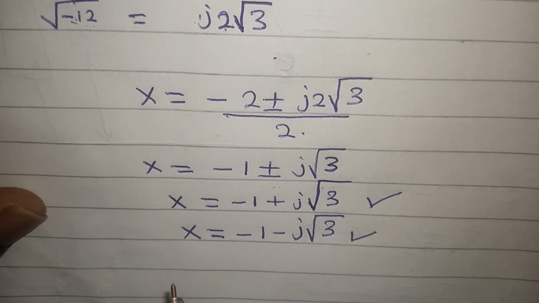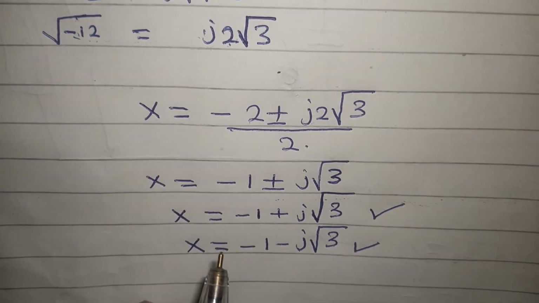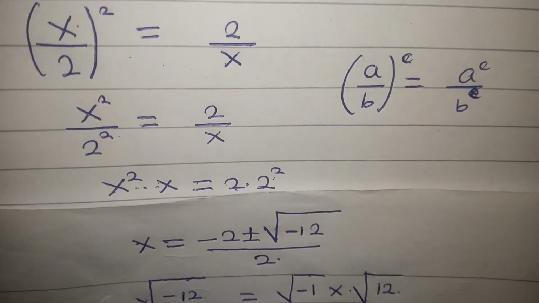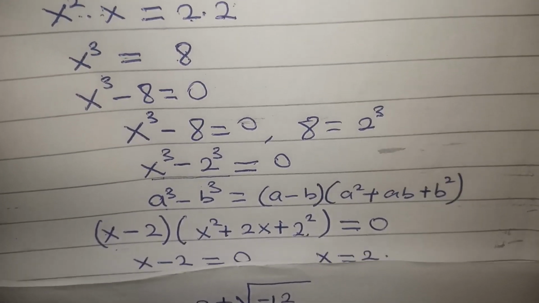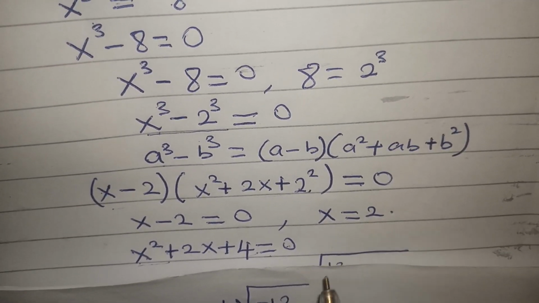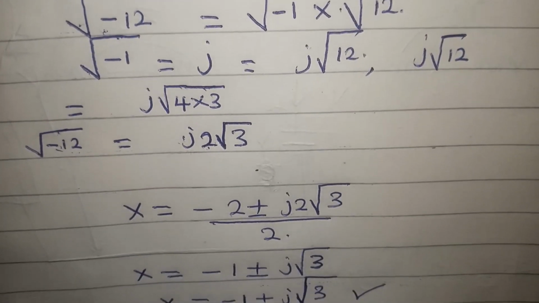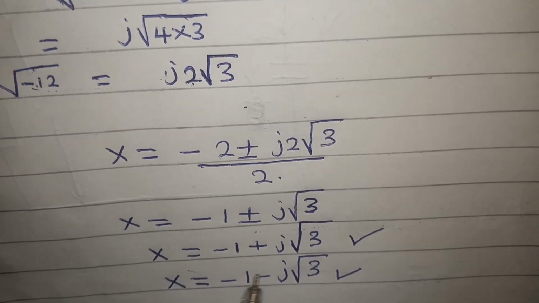So we can see this is the second value, this is the third value. Recall our first value for x, we got it to be x is equal to 2. So we now have our second and third values for x as these.